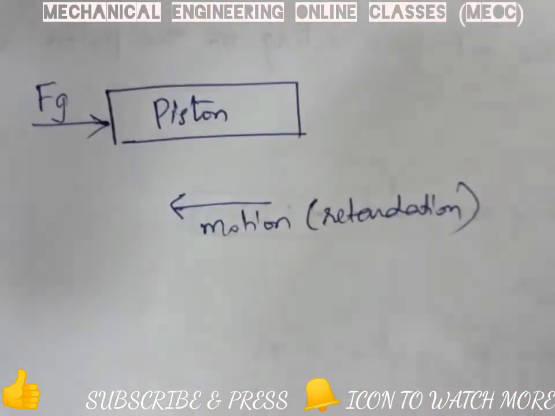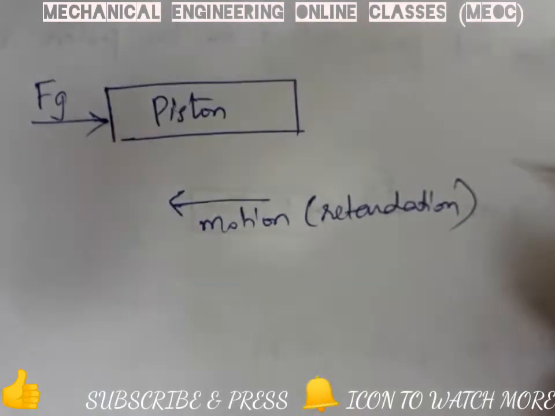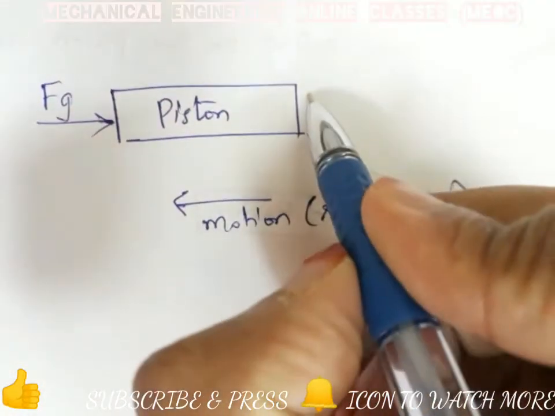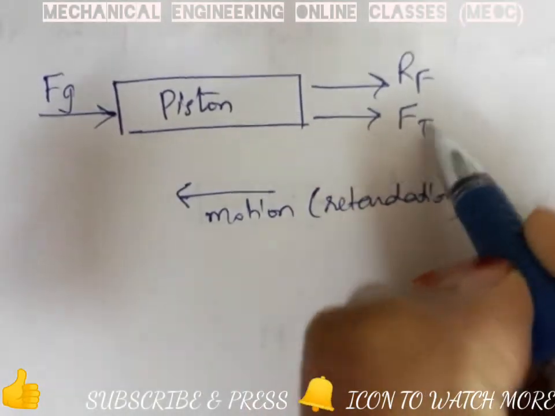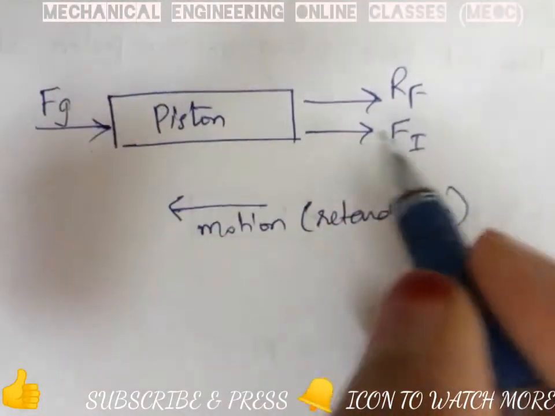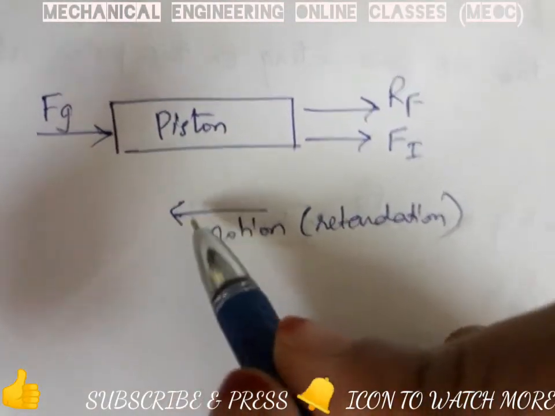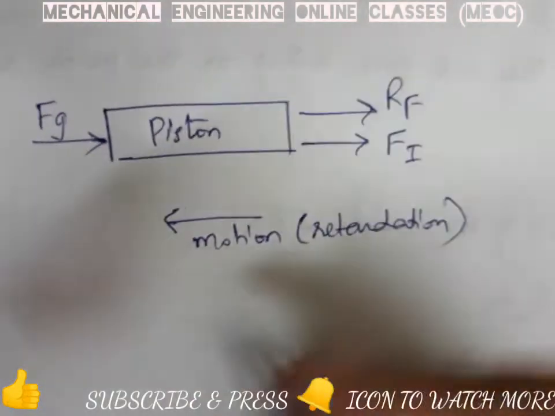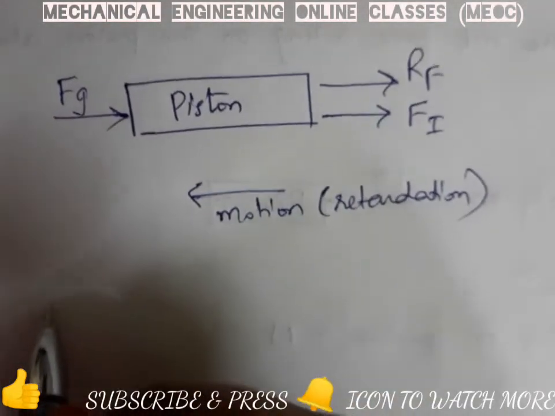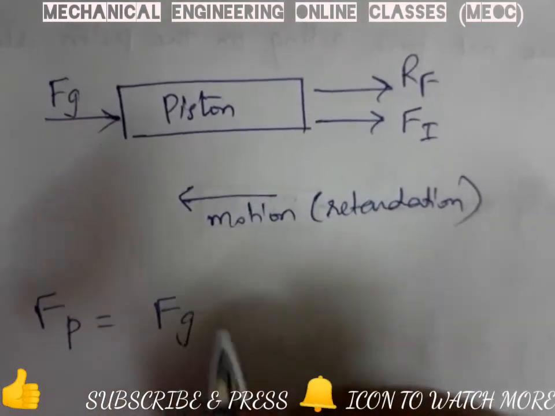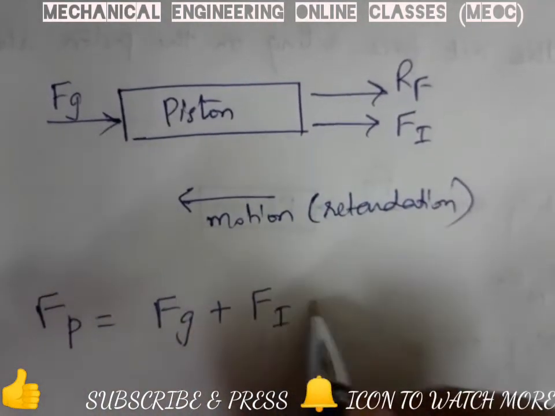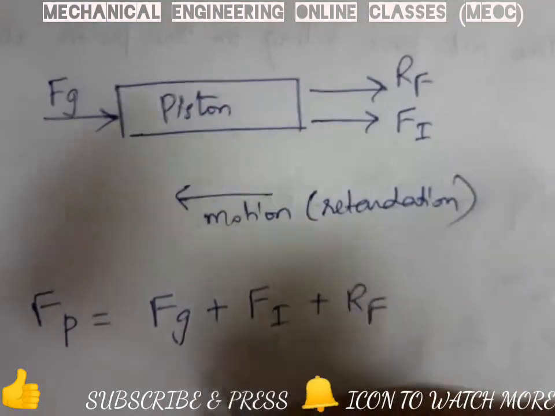And inertia and friction both will oppose the motion. So Rf and Fi are along Fg, or reverse to the motion direction. So here we will have the net axial force or piston effort as Fg plus Fi plus Rf.